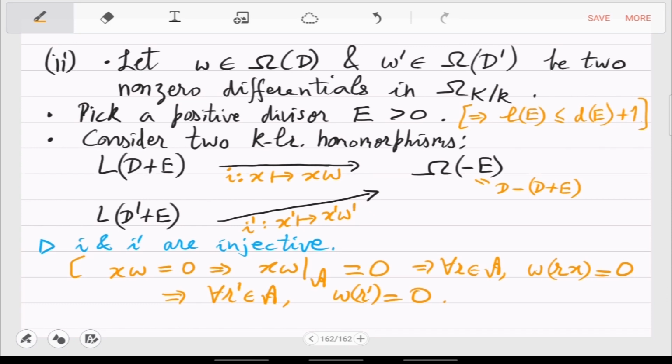So these two are equivalent properties. So which means that omega is 0. Right? So you have these equivalences. So which means that these two are injective maps.